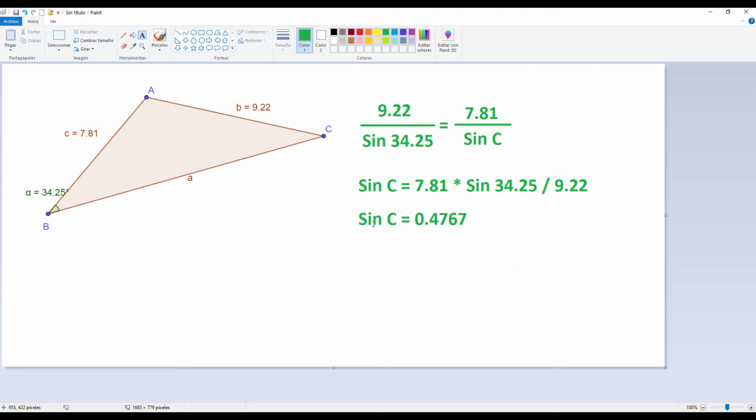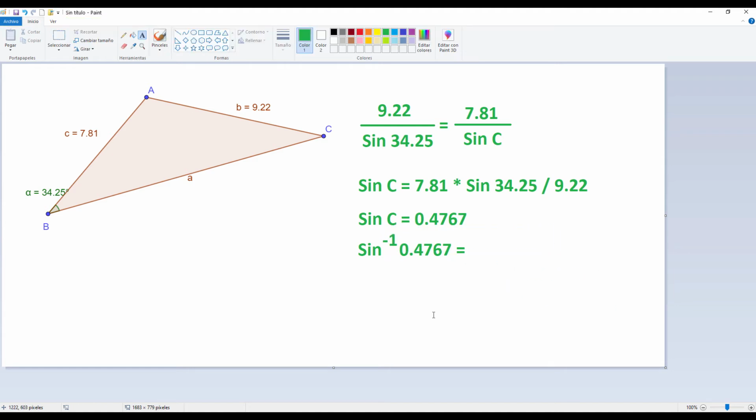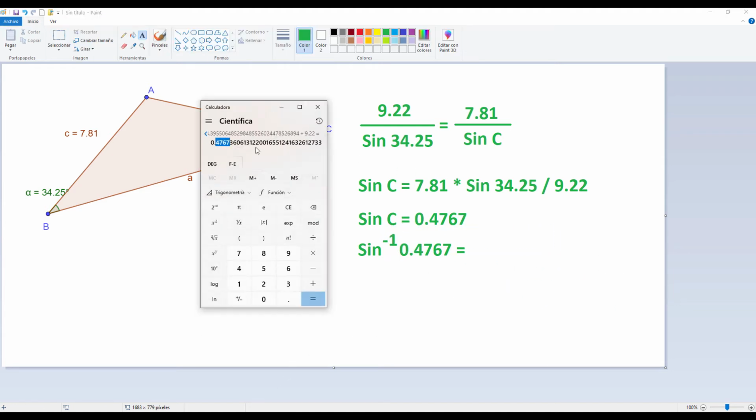When you are working with an angle, when you are calculating an angle, you need to use the inverse. Yeah, remember the inverse of. So here I will use the inverse second function of sine.